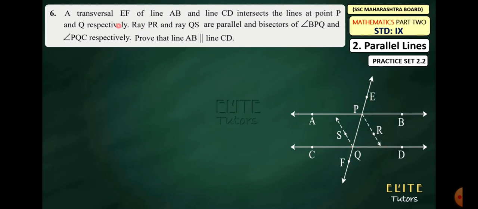Ray PR and ray QS are parallel and bisectors of angles BPQ and PQC.